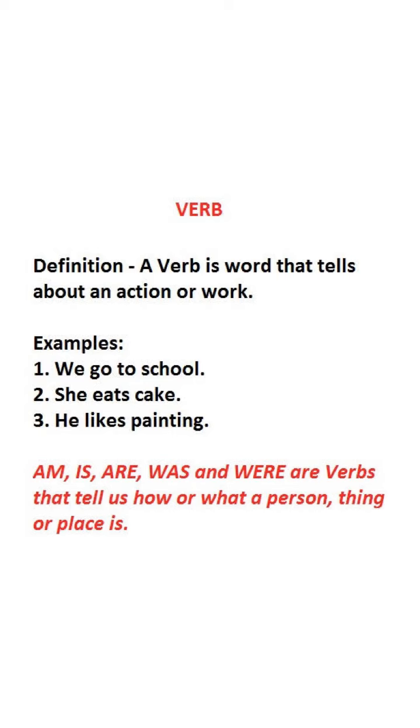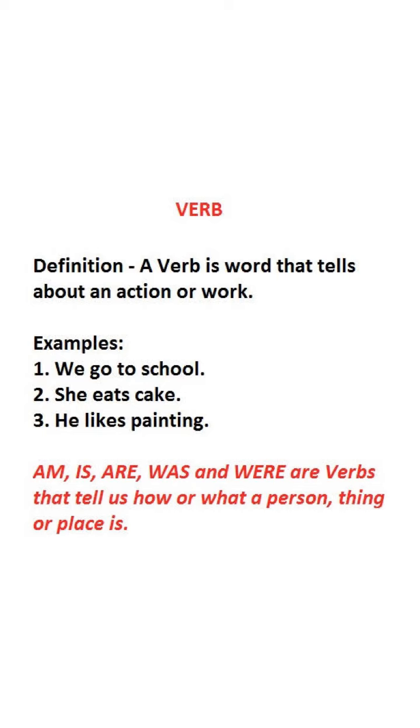So, these words am, is, are, was, were are verbs that tell us how or what a person, thing, or place is. Girls are fine. Now, here, how are the girls? They are fine. This word are tells us about the state of girls.